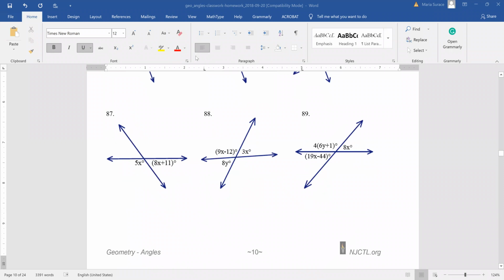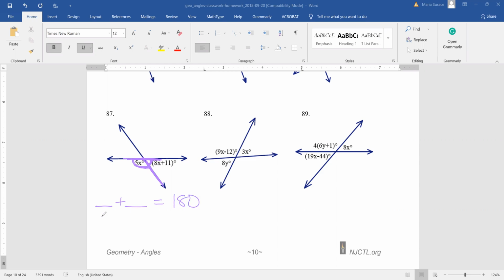Number 87. These angles that are given are now next to each other. They're no longer vertical angles like in the prior example. They're next to each other. They're adjacent angles, and they share this one ray right here. So we have to pay more attention to their total measurement. The two angles together make, once again, a straight line, which means that the two angles added together are supplementary and equal 180 degrees.